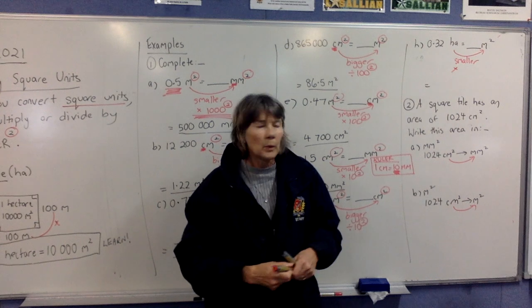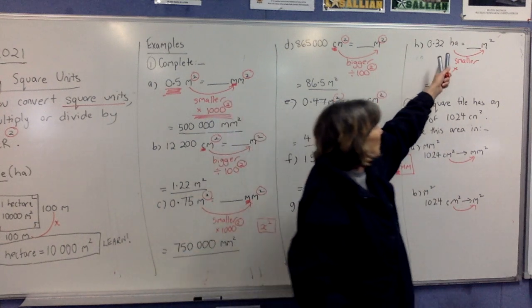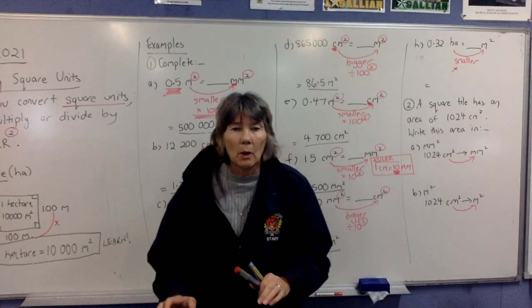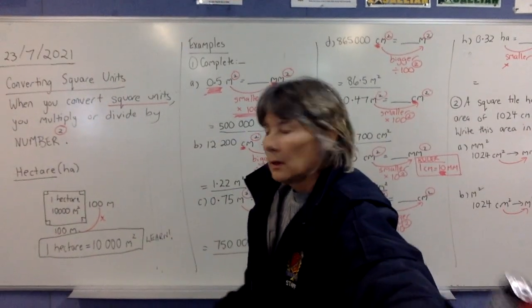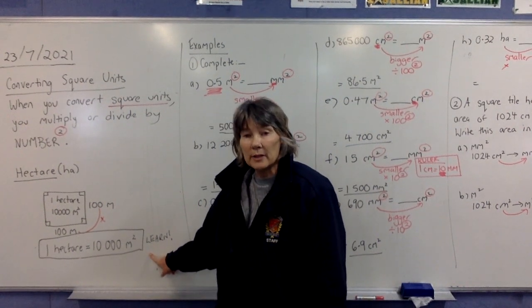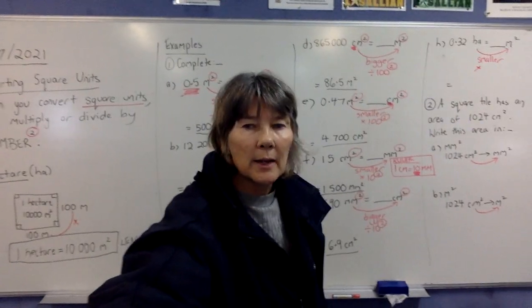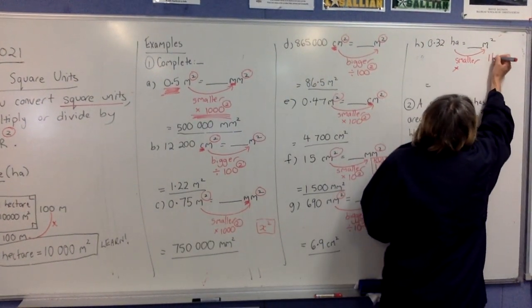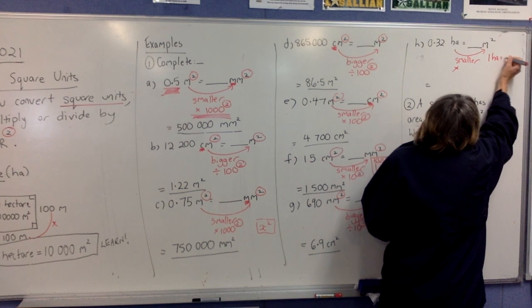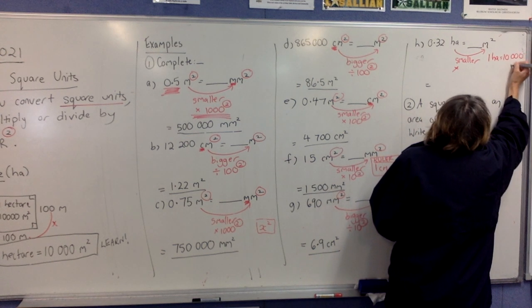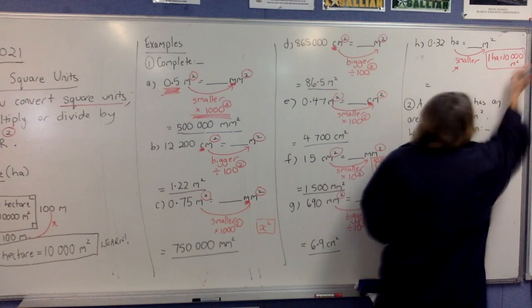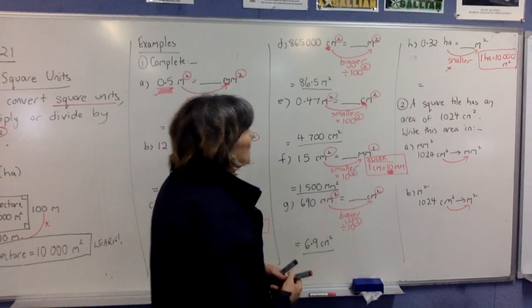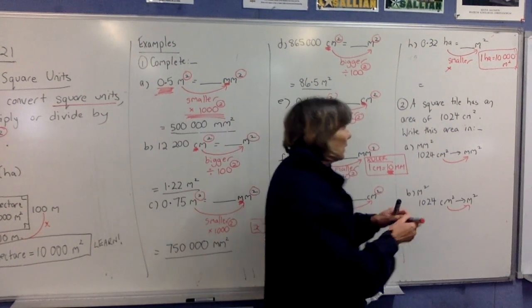Now, we don't have anything up the top here. We've got a squared here, but not a squared here. So you've got to remember what we learnt over here. 1 hectare equals 10,000 metres squared. So we'll write it down next to this question so you can see we're using it. Now, I've just written the abbreviation there, HA. So 1 HA equals 10,000 metres squared. That's our number we're using, 10,000.